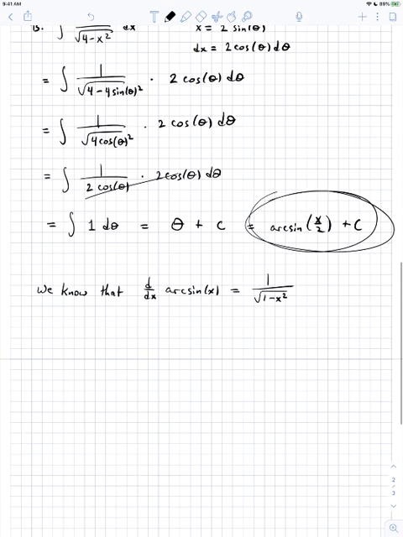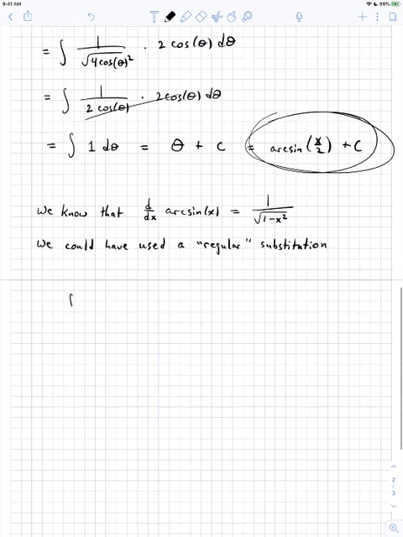So you could actually use a u substitution instead. So we could have used a regular substitution. Or what's sometimes called a u substitution, because it's very common to use the letter u.